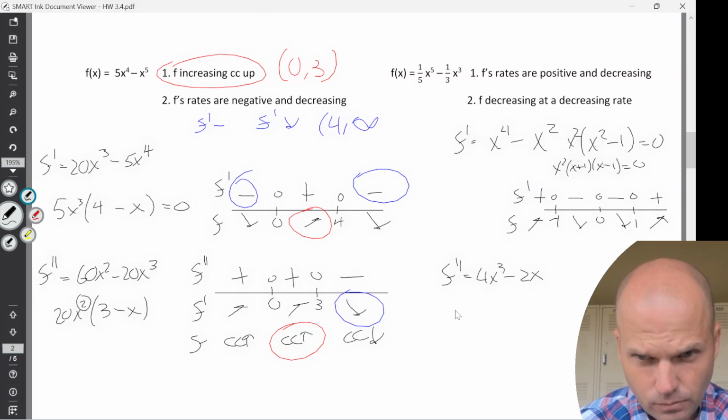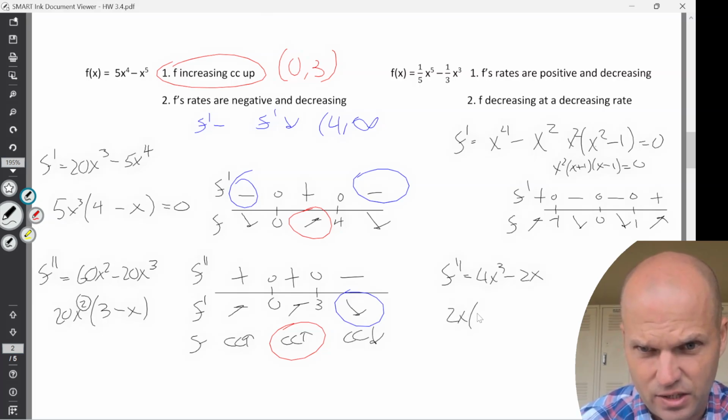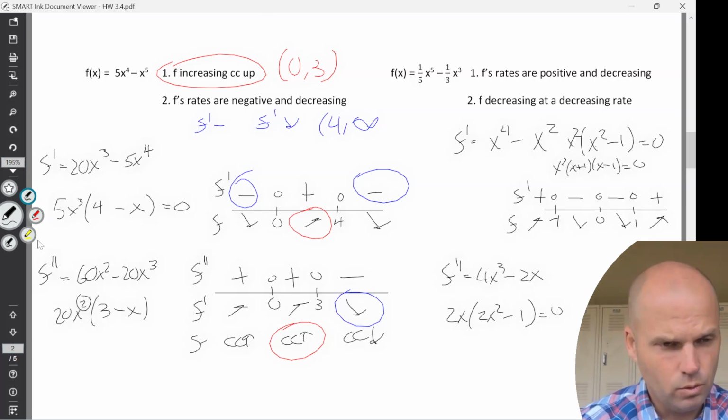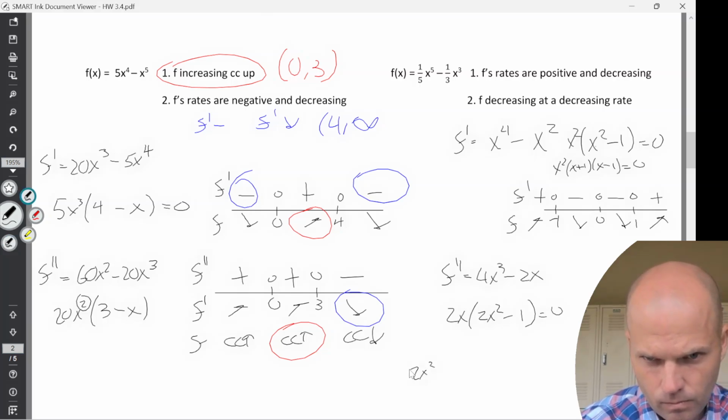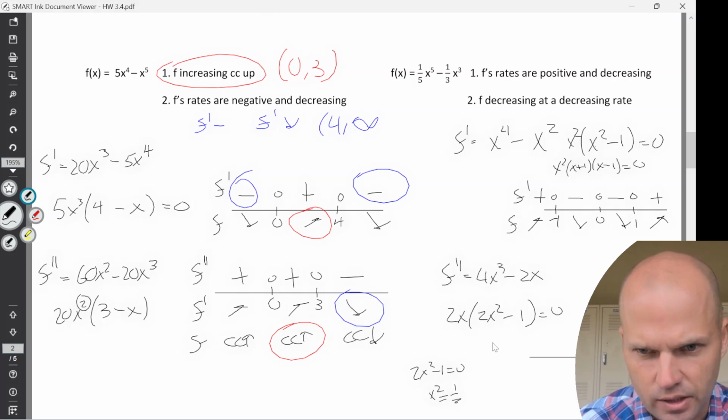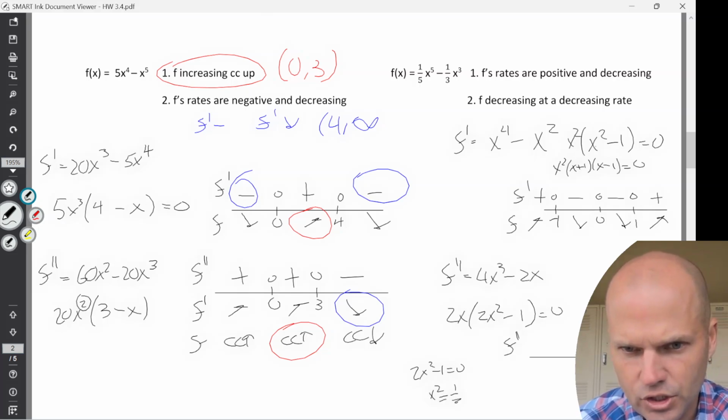Okay. I'm going to factor out a 2x, and I get 2x squared minus 1, which actually gets me plus or minus root one half. So I should be considering 0, positive root 1 over 2, and negative root 1 over 2.